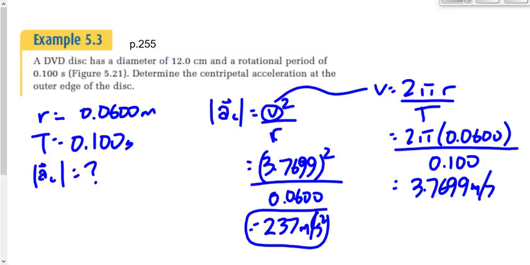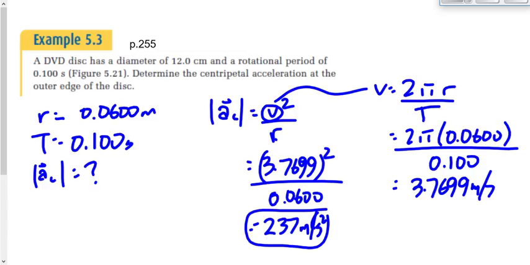How do you think I figured out that that was about 24 Gs? What do you think I did? Lightning fast, rough calculation in my head. It was easy though. What did I do? No? All right.